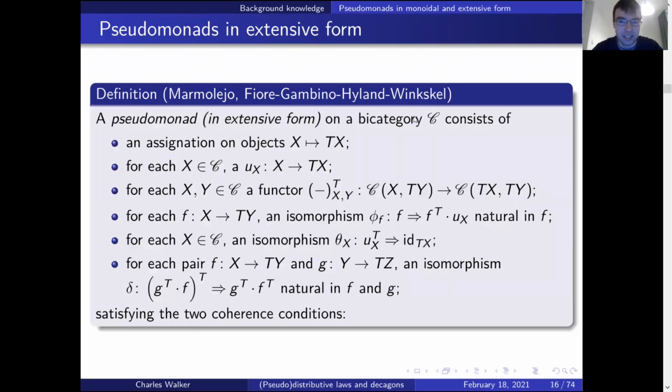A pseudomonad in extensive form is going to be an assignation on objects, x to tx. For each x, we give a map from x to tx, as before. And now for each x, y, we have to give a functor, the hom categories x to ty to tx to ty. In one dimension, these were just functions. Here they'll be functors.